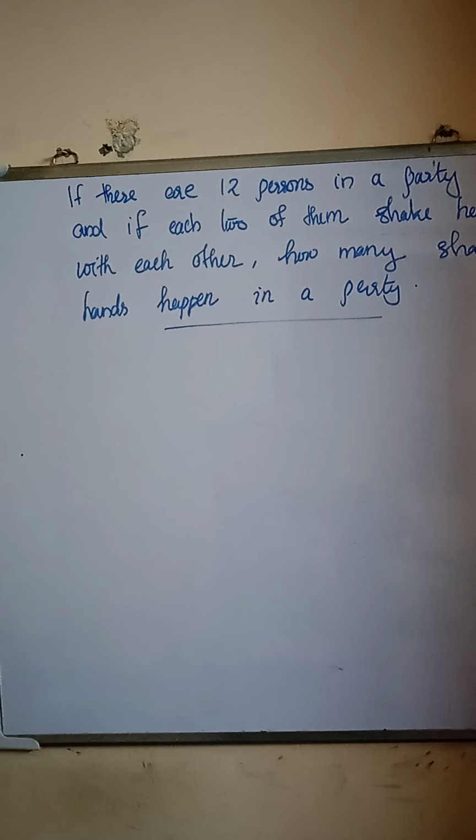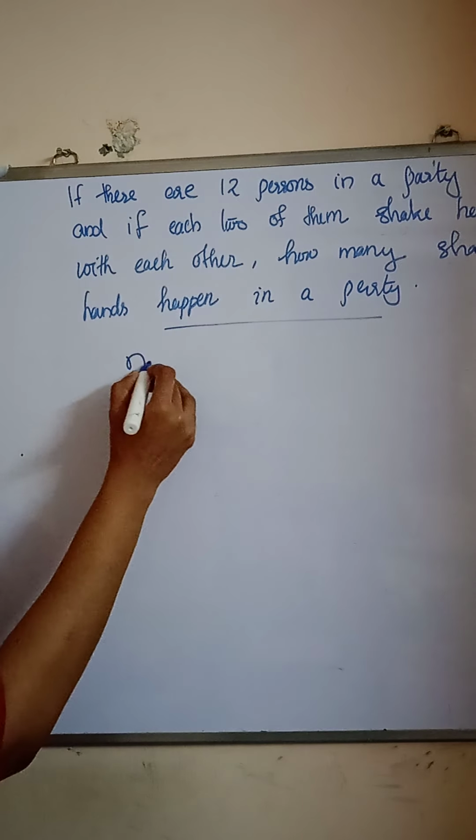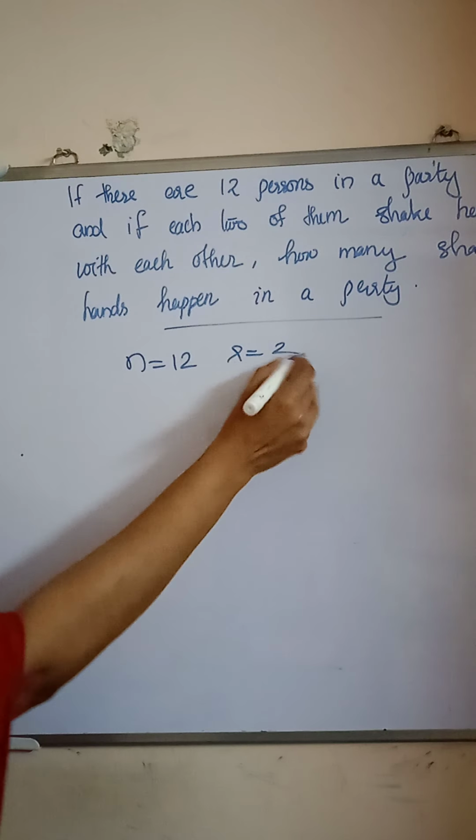Next problem: if there are 12 persons in a party and each two of them shake hands with each other, how many handshakes happen in the party? Here n is equal to 12 persons. If each two of them shake hands, we take a combination of 2 out of the 12 persons, that is n is equal to 12 and r is equal to 2.